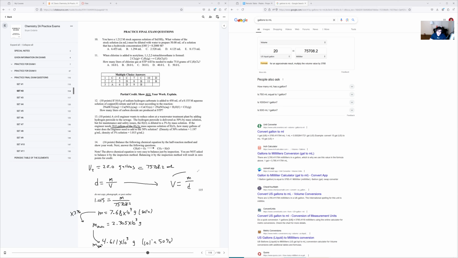And then we can plug it in over here, right, into our volume. So the volume that we're going to use of the 50% solution, this is in milliliters, is 4.611 times 10 to the third grams. I'm just going to leave out the unit. The density is 1.197.